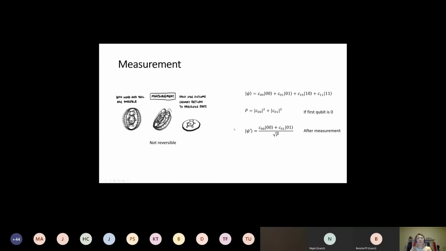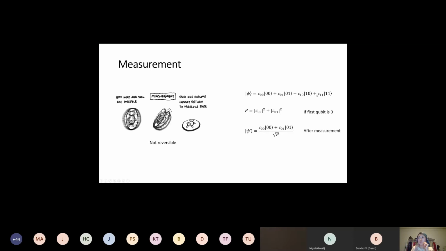So that's what happens. Say you have a quantum system with 2 qubits, and you have these 4 different possible states. Each of them has an amplitude describing them. Then if you do a measurement, measure the first qubit, and find out that it is 0, that means it will be these 2 states that are contributing.